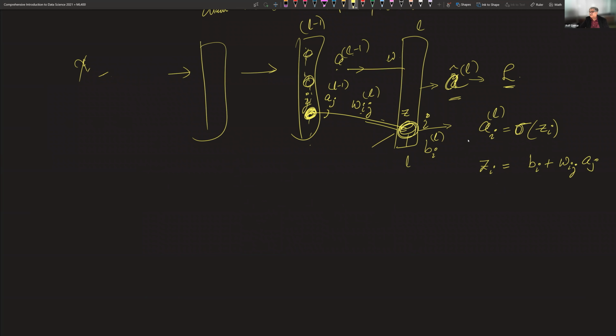Whenever you see subscripts repeated, assume that you're summing over all possible values. This is the so-called Einstein summation notation, so that you don't keep putting sigmas everywhere.